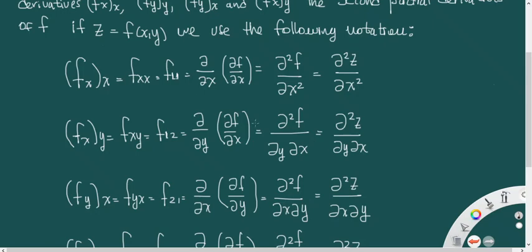Okay, so let's see that this is the partial derivative of a function z with respect to x. So this is equal to the second derivative with respect to x. This is f sub x x, and that is equal to f sub 1, 1. That means 1 is the first variable and 2 is the second, so if we say 1, 1, we are differentiating with respect to x two times.